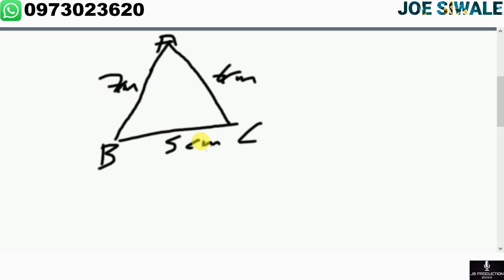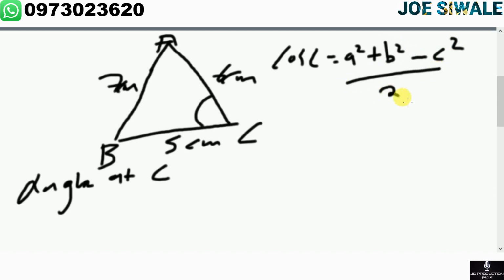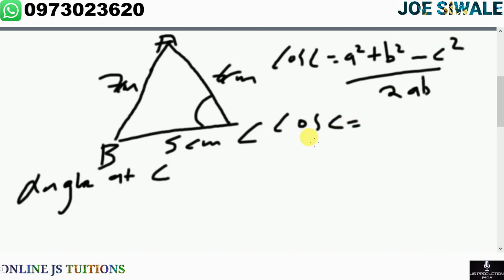And if I'm told to calculate the angle at point C, this means I need to use that formula that has cos C. So I'll say cos C is equal to A squared plus B squared minus C squared divided by 2AB. Then, let me place my small letters.